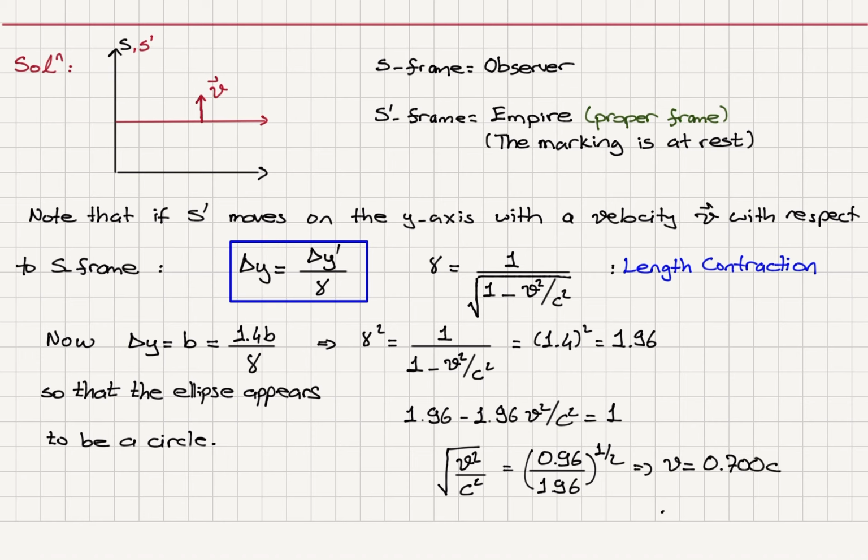If I plug in for c 3 times 10 to the 8 meters per second, 2.1 times 10 to the 8 meters per second.